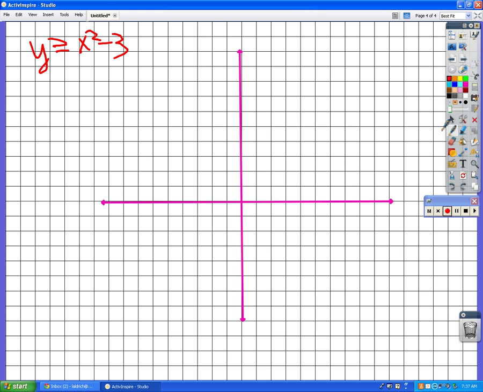Okay, what does the graph of x squared minus 3 look like? First of all, where does it cross the y-axis? -3. Where does it cross the x-axis? 1.5. Close. How do you figure it out? That's what we're trying to do. So yeah, good idea.